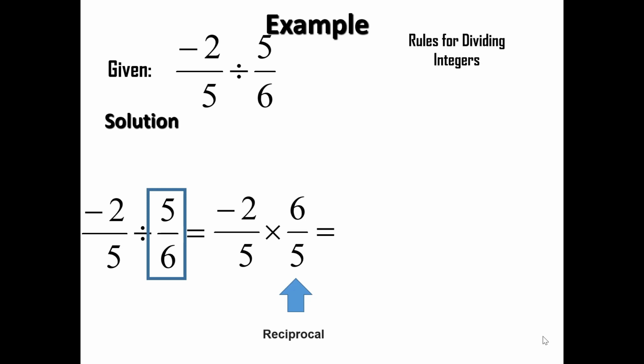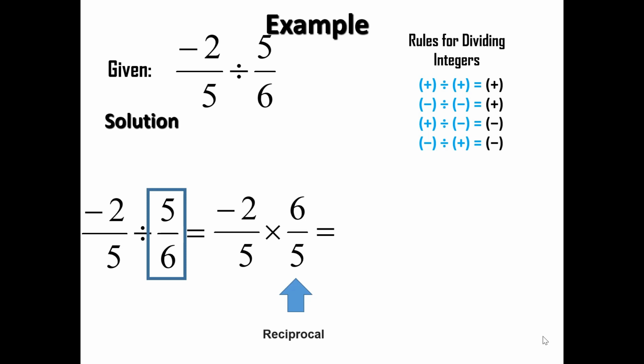review natin yung rules ng dividing integers. Positive divided by positive is equal to positive. Negative divided by negative is equal to positive. Positive divided by negative is equal to negative. And negative divided by positive is equal to negative. So, dalawa lang yung ibig sabihin dito.